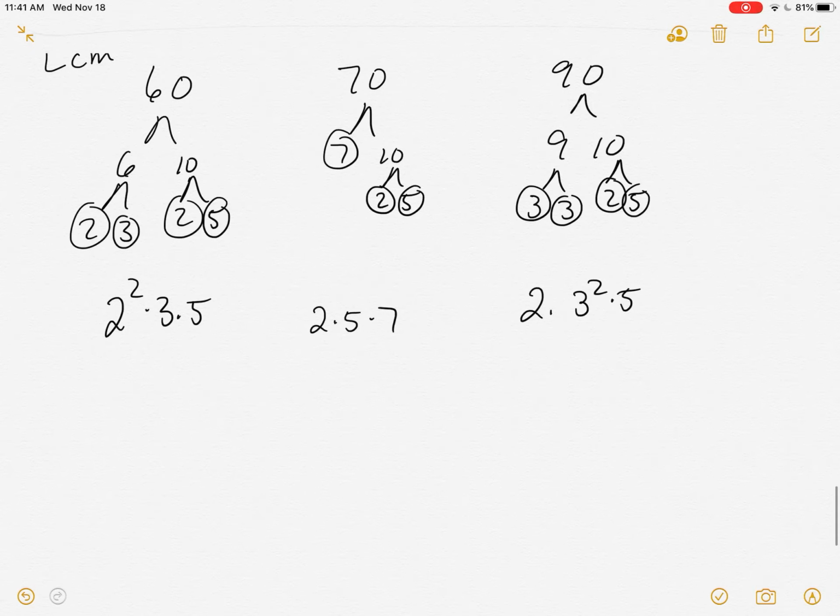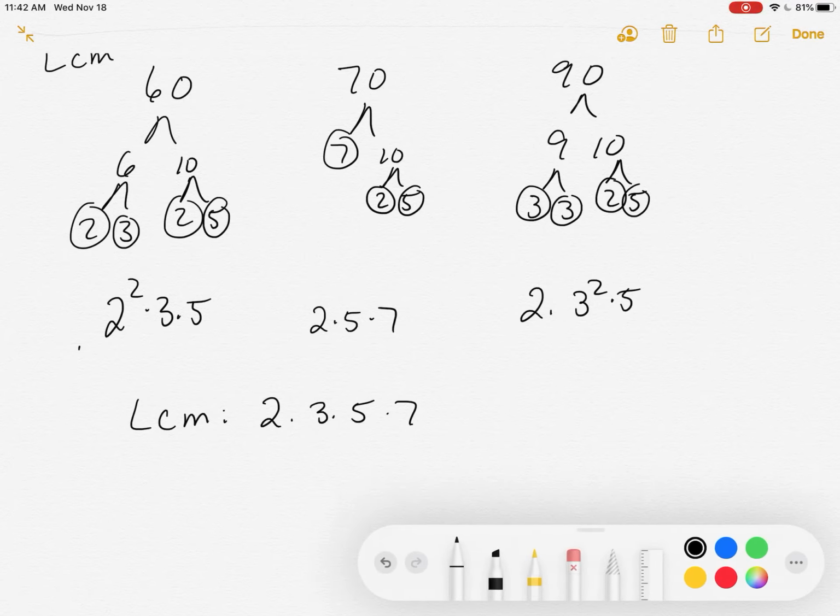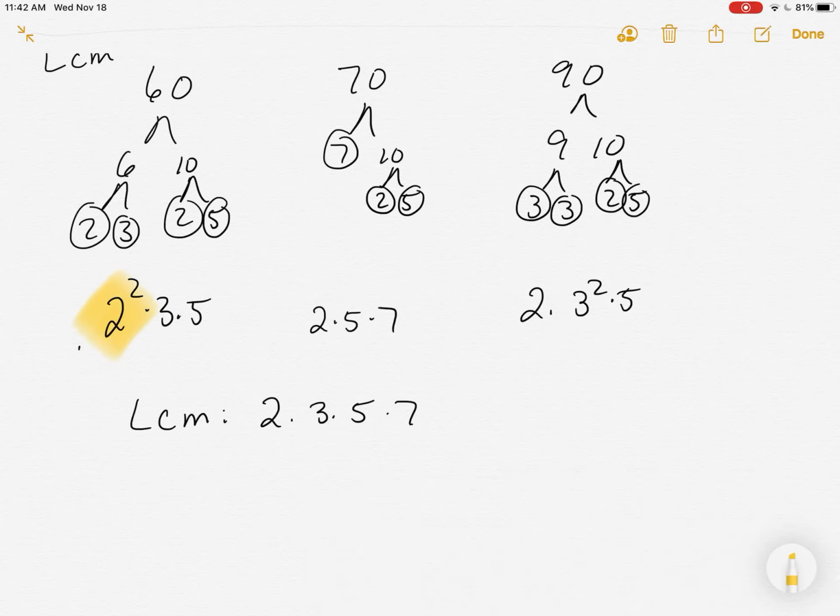So what's the LCM? Easy, we build it. It needs a 2, a 3, and a 5, or the first one won't work. It needs a 7, and that's it. So how many 2's do we need? Let me highlight as I talk. My choices for 2 are two 2's, one 2, or one 2.